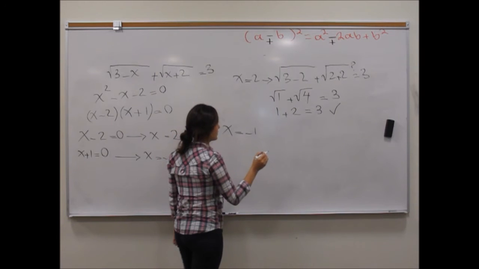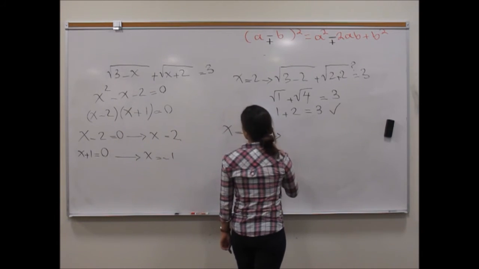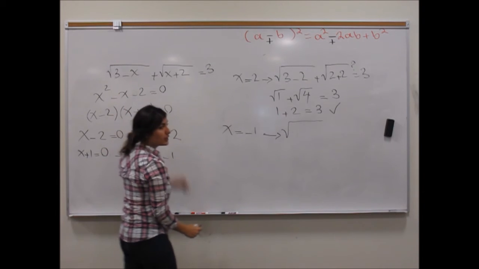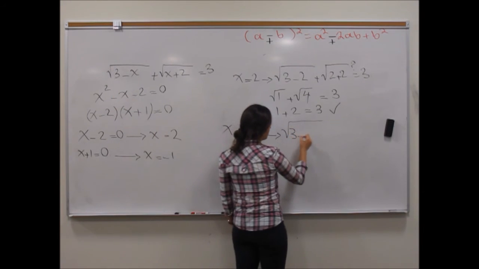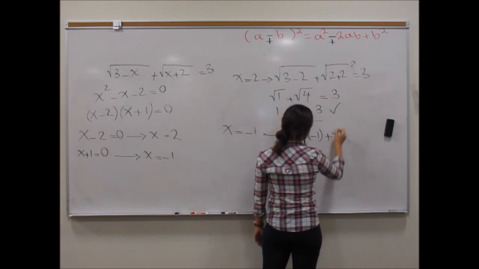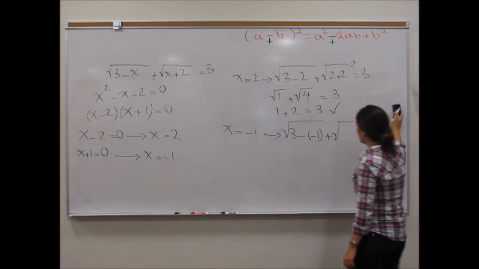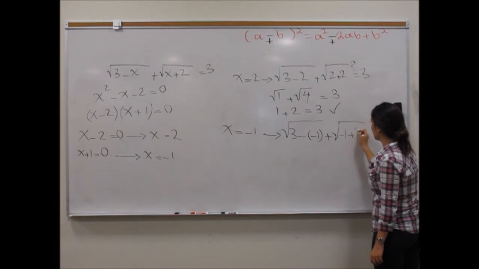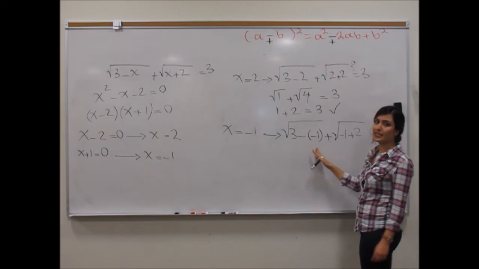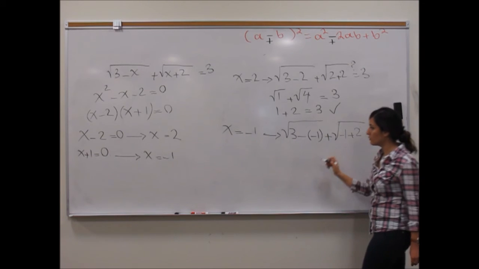And then for the next one, I have x equal negative 1. Let's see if that works too. In the original equation, I would have radical 3 minus negative 1 plus radical negative 1 plus 2 equal to 3. So 3 minus negative 1 would be 3 plus 1, which is 4.